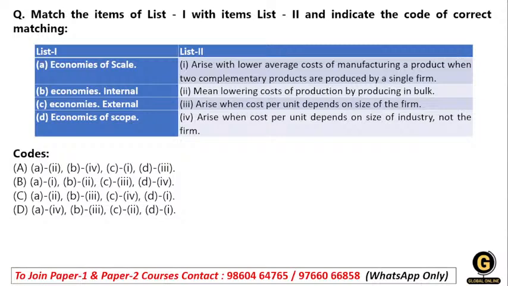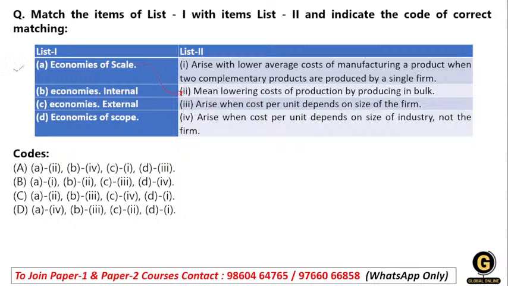Economies of scale you have to match with the meaning: lowering the cost of production by producing in bulk. That is matched with the second.